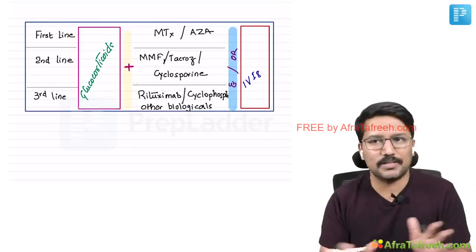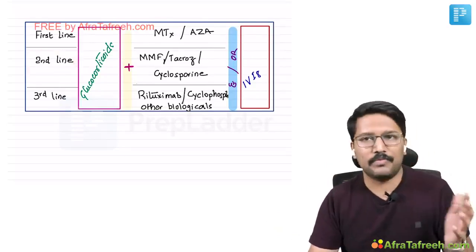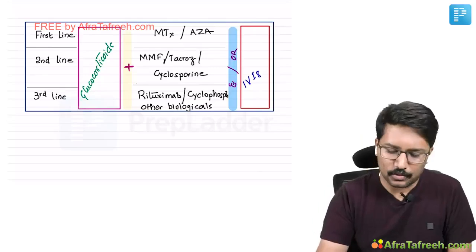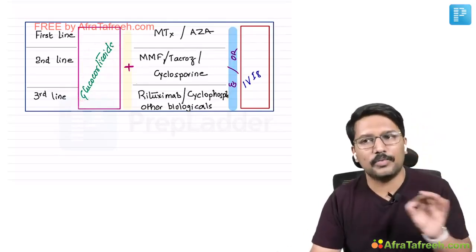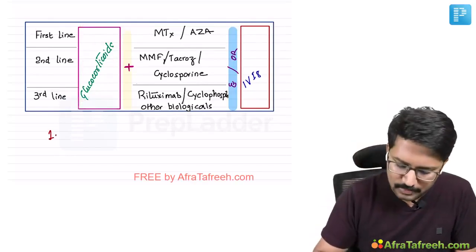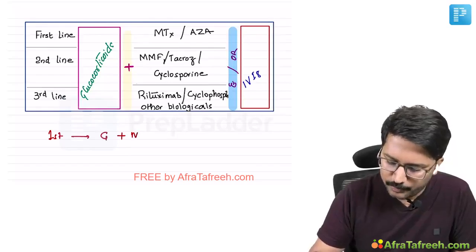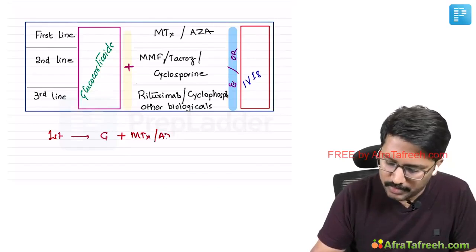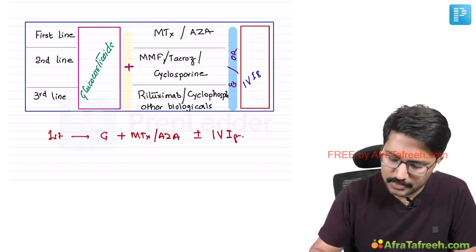That is how most patients get the prescription. As a second line, when your first line therapy fails, glucocorticoids you will be continuing anyway. Let me give you a quick summary. First line: glucocorticoids plus methotrexate or azathioprine, plus or minus IVIG depending on the severity of the disease.